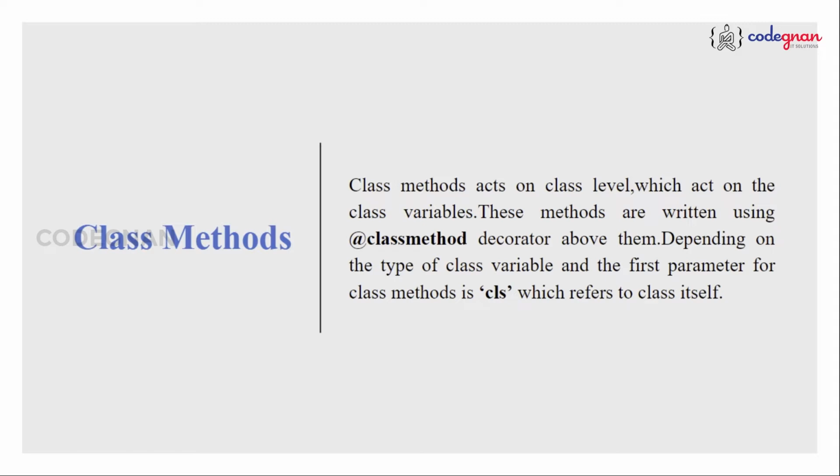And always remember, when we are going for class methods, the first parameter we refer to is cls. Why should I use cls? You can use anything, but for the constructor we have already used self, right? Because it is trying to give the address of every method. In the same way, for class methods we use cls.